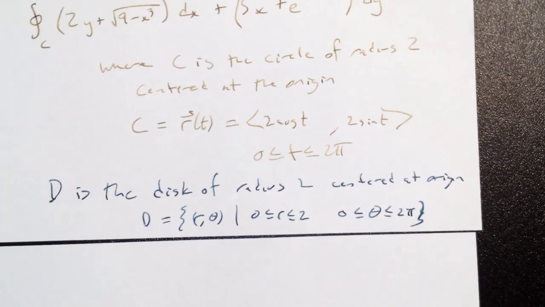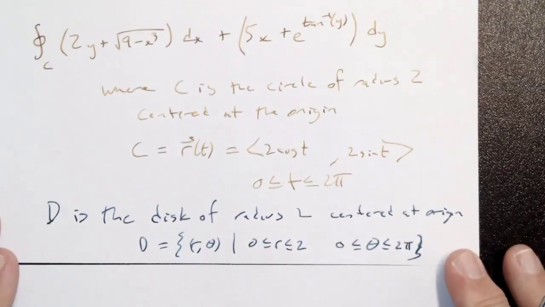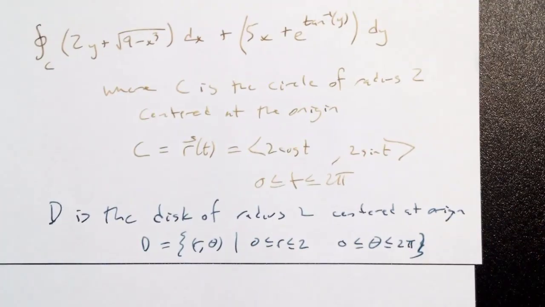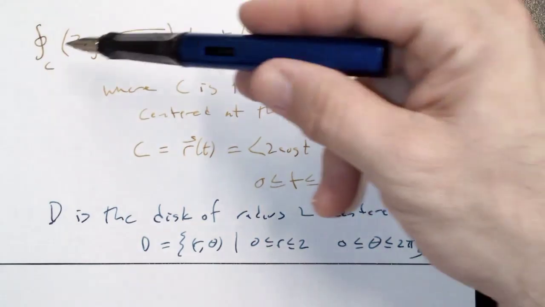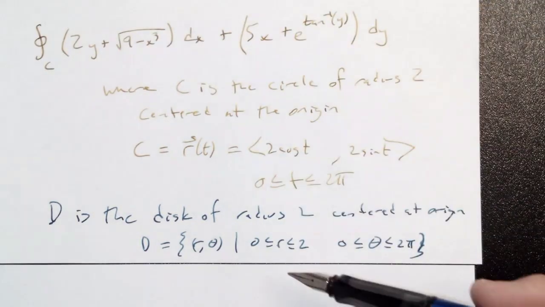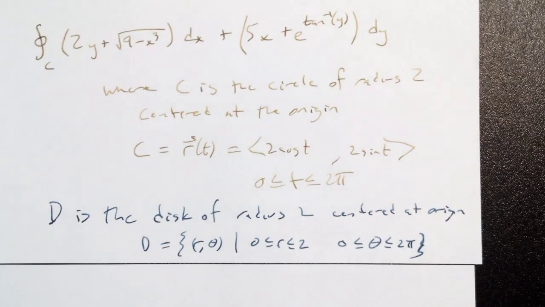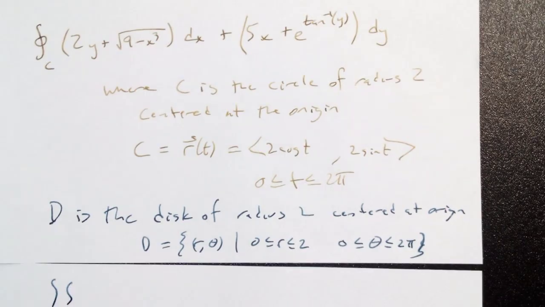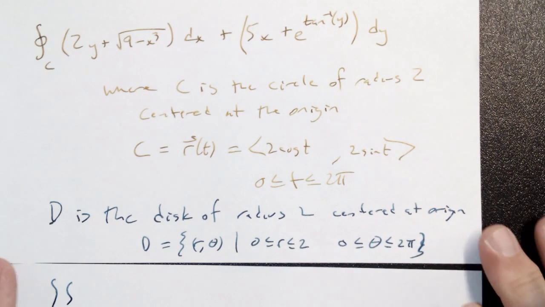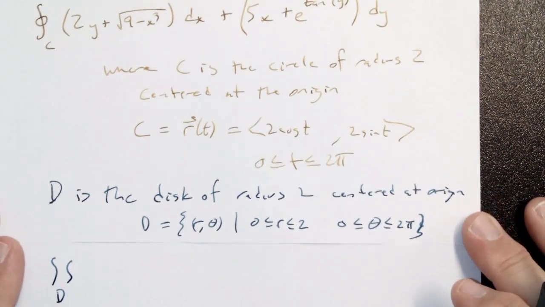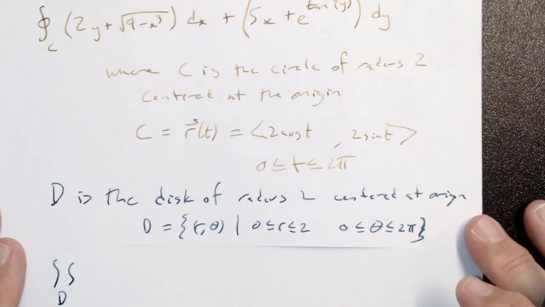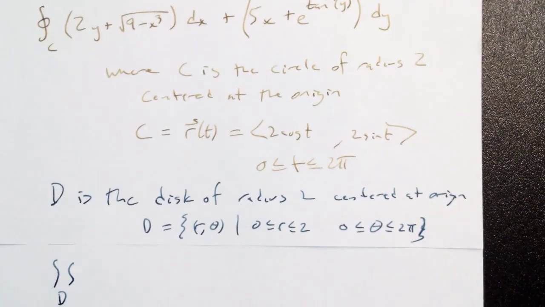So far, so good? If I use Green's theorem, I can convert the integral on C to a double integral on D. The thing I need to know is, first of all, what am I integrating?